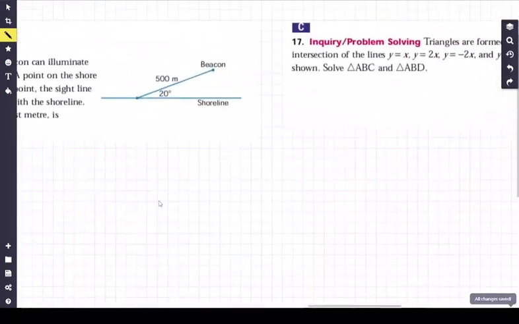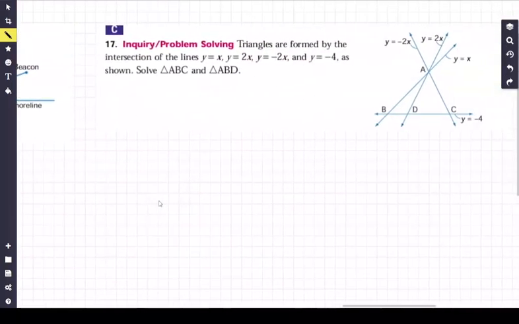This is a typical problem solving question. Triangles are formed by the intersection of the lines y equals x, y equals 2x, y equals negative 2x, and y equals negative 4, as shown for ABD and ABC. A little hard, but that's okay.